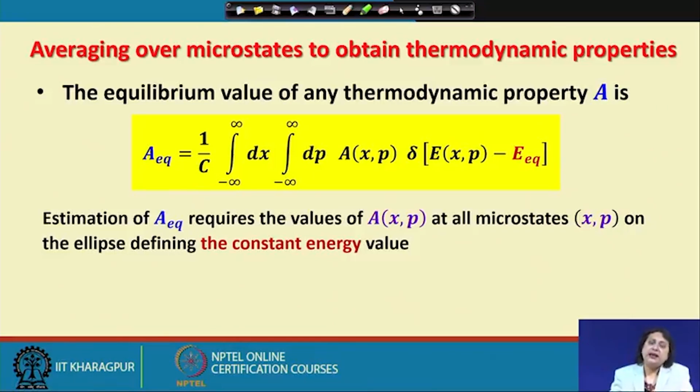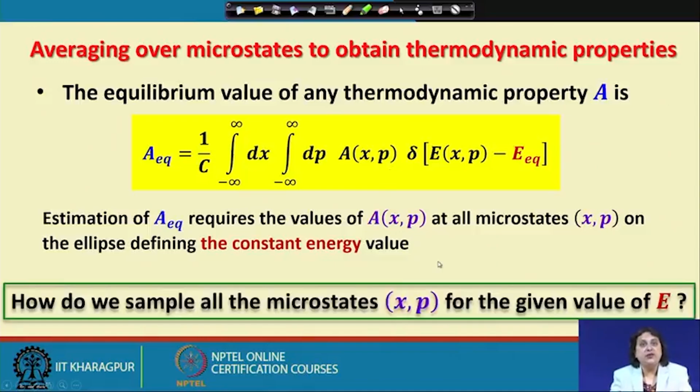Now, as you understand that any estimation of the equilibrium value of A would require us to obtain the value of A at different microscopic states, which are characterized by a given value of x and a given value of p. Therefore, this estimation relies very much on whether we can estimate the value of A at these different microscopic states for the constant energy value.